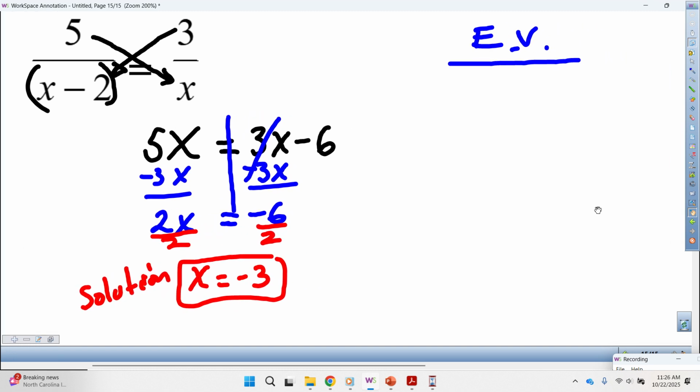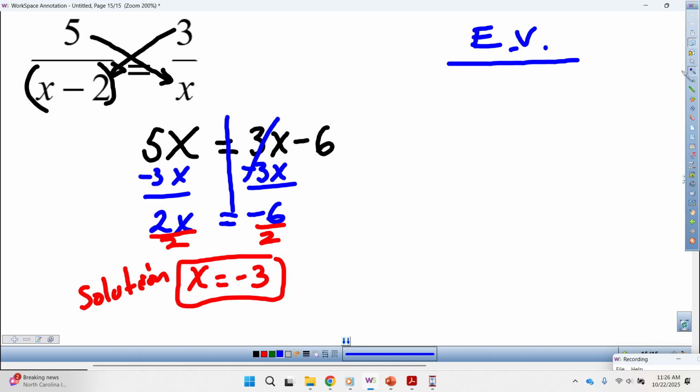All right, Julian, how do we find excluded values? He said, take the denominators and set them equal to 0. Tell your neighbor what I just said, please. Denominators equal to 0. So our first denominator is x minus 2 equal to 0. What is the other denominator?